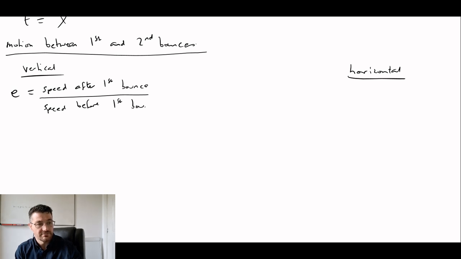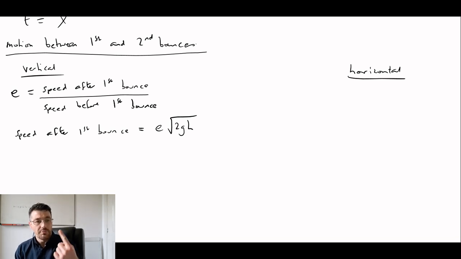If you can't read my writing, unlucky. So the speed after the first bounce is therefore going to be equal to e times the square root of 2gh. And bearing in mind as well that that is going to be in the upward direction.